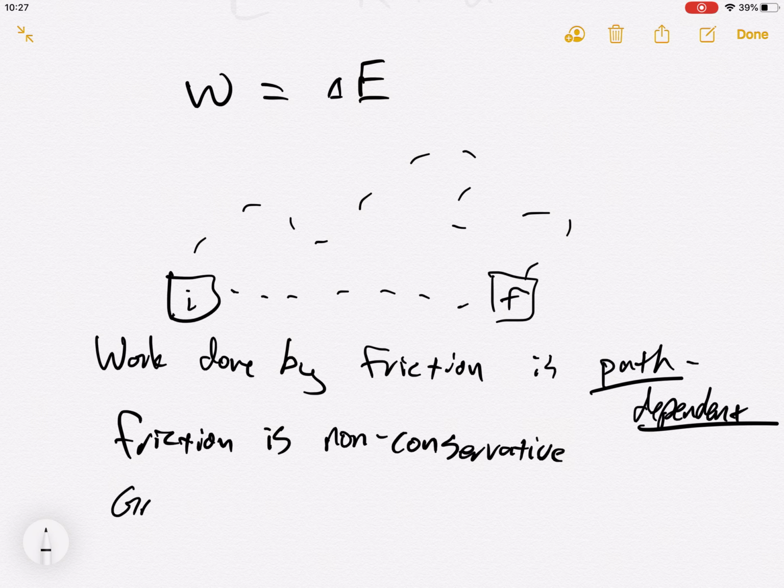And gravity is conservative. Really, the difference again is if the work done by that force is path independent or path dependent, right? Path dependent is non-conservative, and path independent is conservative.